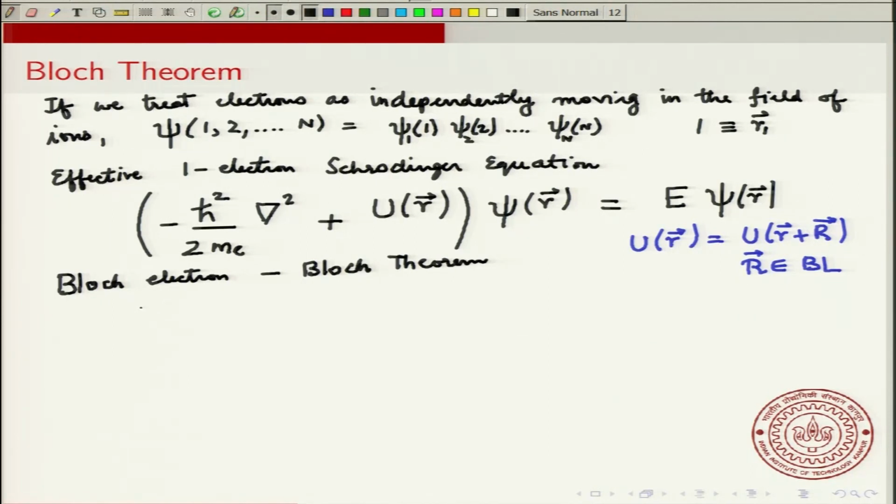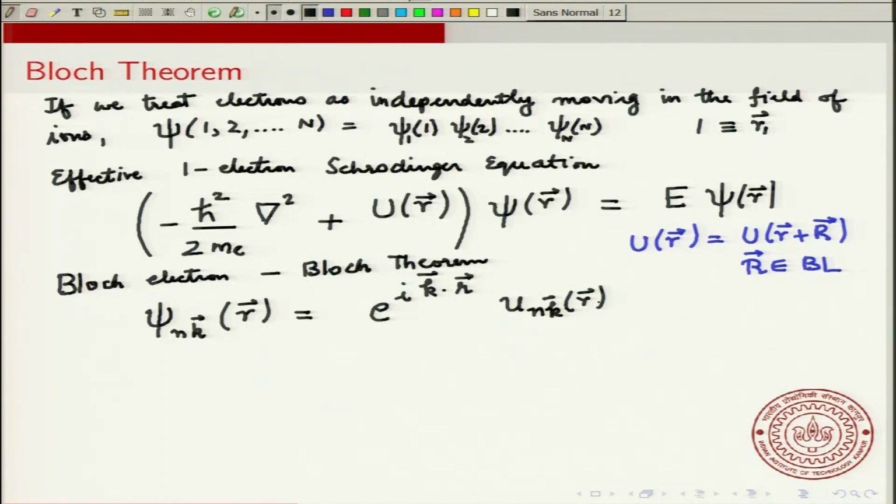It says that your wave function, and I will write it explicitly in terms of indices, psi n k of r, k is a vector, is equal to e to the i k dot r times u n k of r.